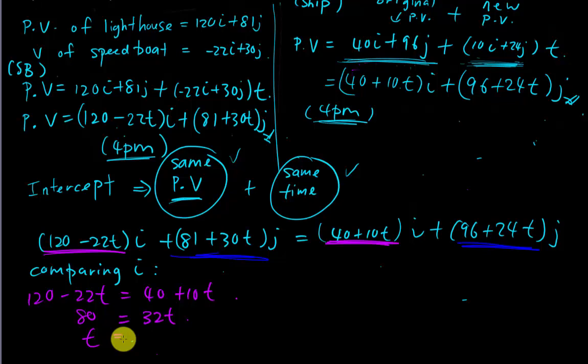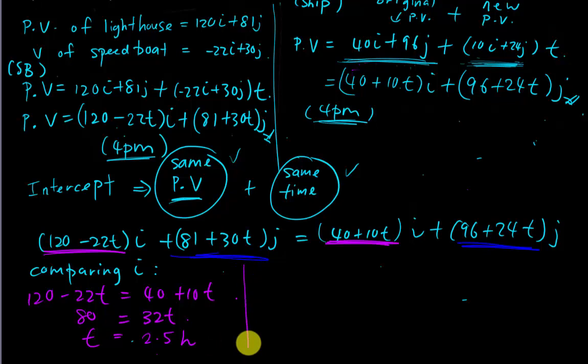Then I can get my t value by using the calculator. Wait a while, I use my calculator. So it will be 80 divided by 32, which is 2.5. This is in hours, so this is 2.5 hours.